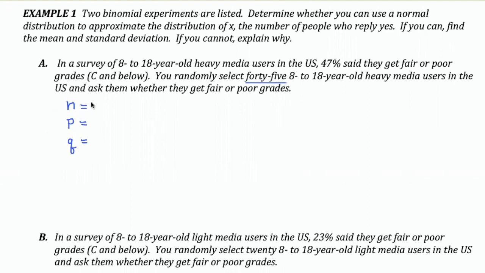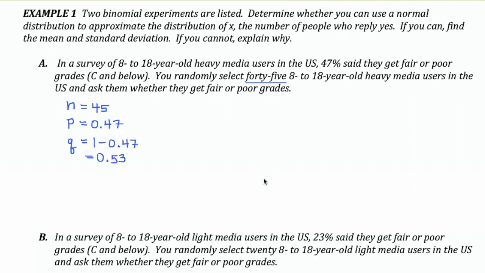We're selecting 45 students. The probability of a success, saying yes, they get fair to poor grades, is 47%, or in other words, 0.47. q, then, the probability that they fail, that they say no, would be 1 minus 0.47, which gives us 0.53 for q.